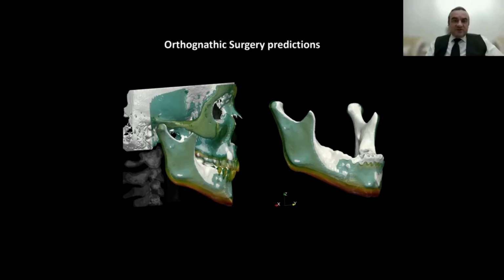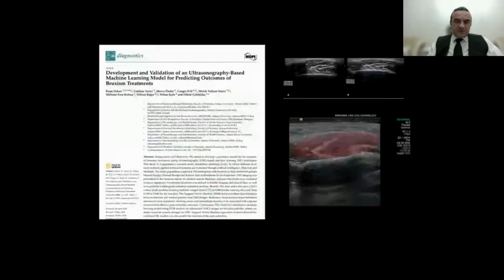We can also make predictions for orthodontic surgery. Nowadays, we are working on this. We are considering different kinds of algorithms for the prediction of, let's say, Le Fort osteotomy or sagittal split osteotomy, even before any surgery. Of course, it's not just 3D CBCT imaging, but we can also use ultrasonography-based machine learning methodologies for the soft tissue.